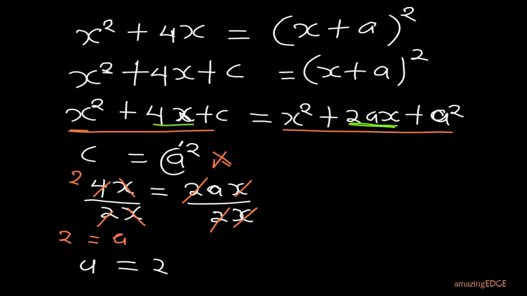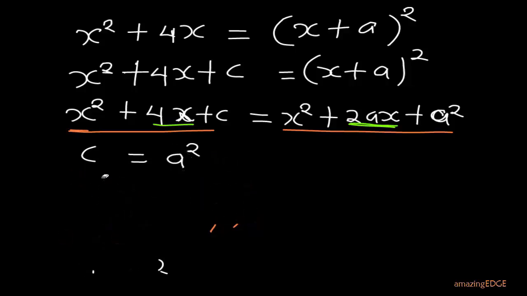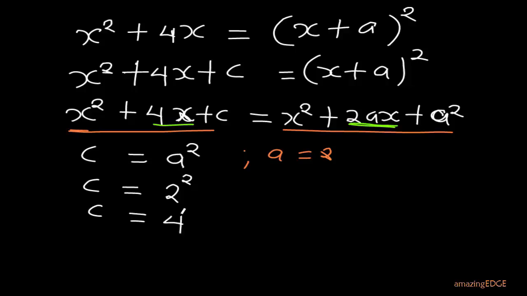Therefore, I can now get my a squared. So we now come back to this place. We have gotten our a to be 2. So it means that c will be equal to 2 raised to power 2. 2 raised to power 2 is the same thing as 2 times 2, which is 4. So that thing I must add is now equal to 4. So with this I can write my equation.